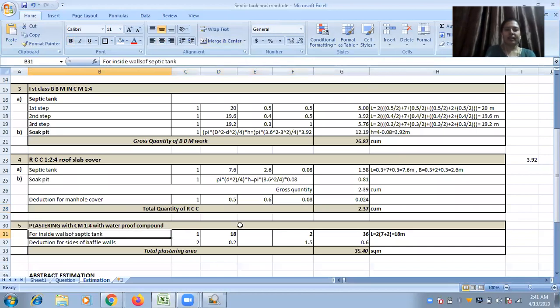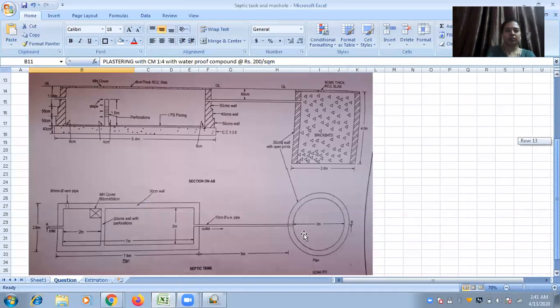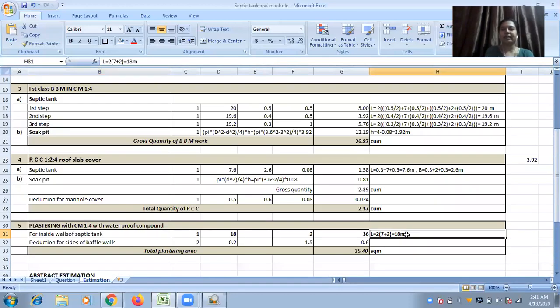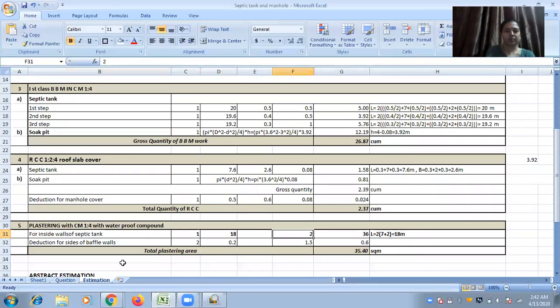For inside walls of septic tank, you have to give the area, you have to calculate length. In the plan you can easily observe, 7 meter, 7 meter, 2 meter and 2 meter. That means 2 times of 7 plus 2 meter. That will come to 18 meter is the total length of plastering work, and depth is 2 meters.